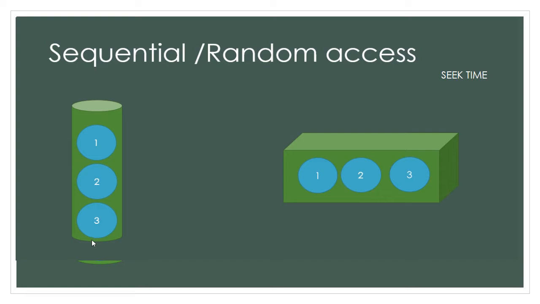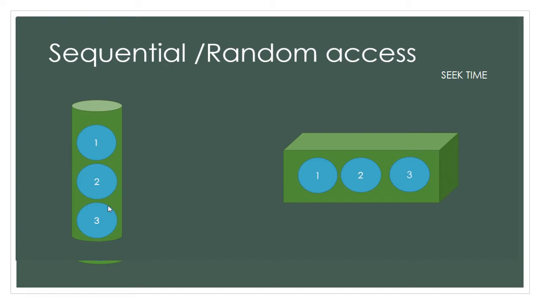This is an example of sequential access. But in random access, you can directly take out the third item without having to go through 1 and 2.